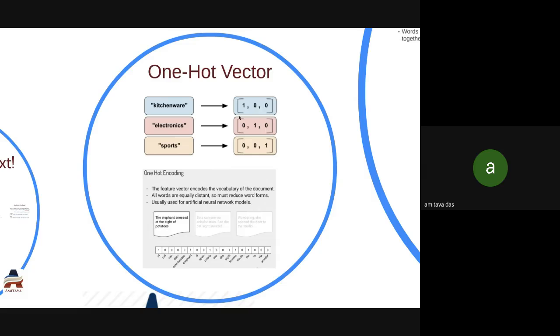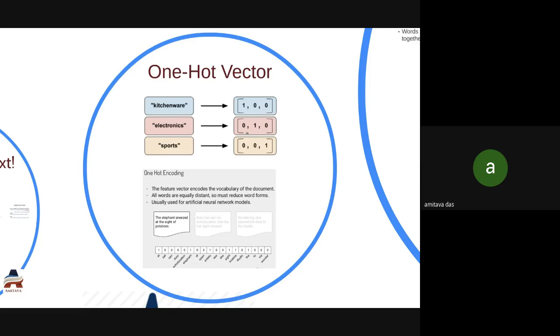A vector is nothing but a one-dimensional matrix. It has only one row and a few numbers. So let's say you have these 3 words in your vocabulary: kitchenware, electronics, sports. Then you are trying to vectorify them, and you say this word is represented here as 1, this word here as 1, and this word here as 1.